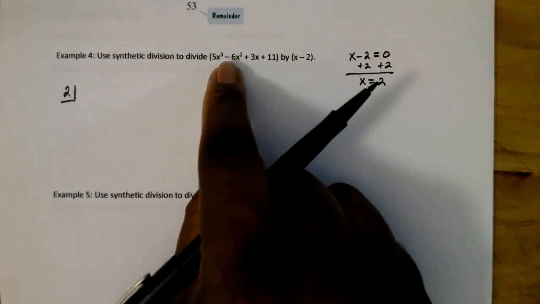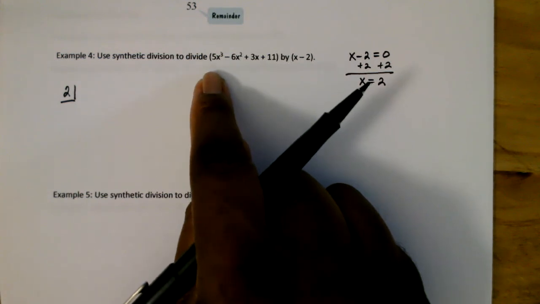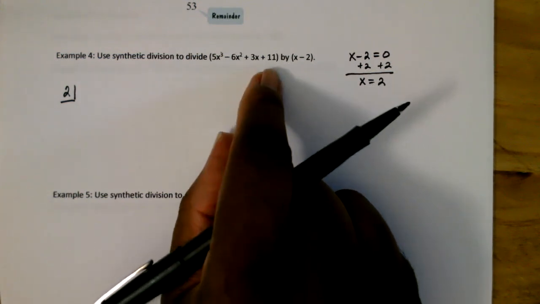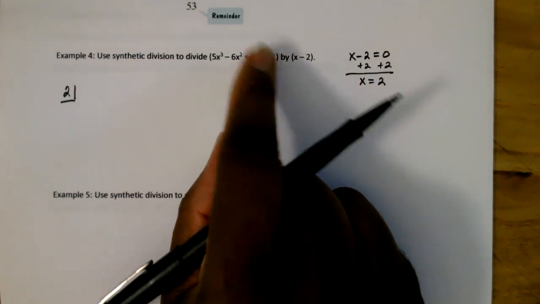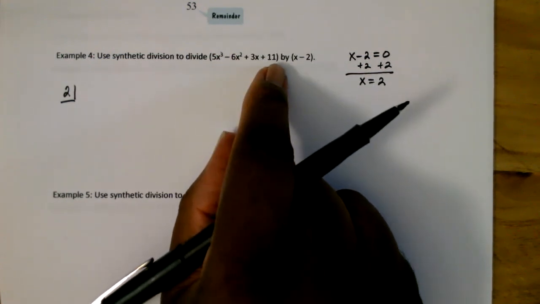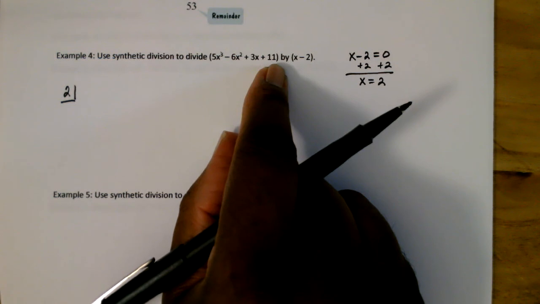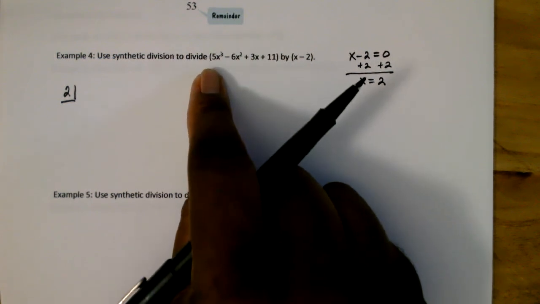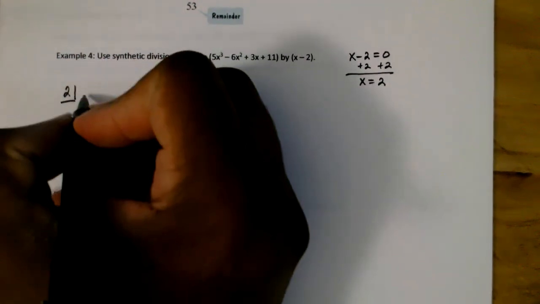Now, here, that 5x cubed minus 6x squared plus 3x plus 11, that's the dividend. There are no missing terms. I have x cubed, x squared, x, and the constant. So I can write their numerical coefficients. So for the 5x cubed, that coefficient is 5.